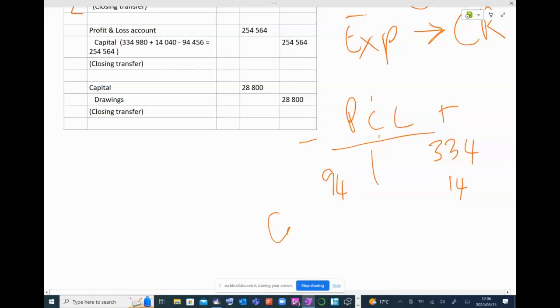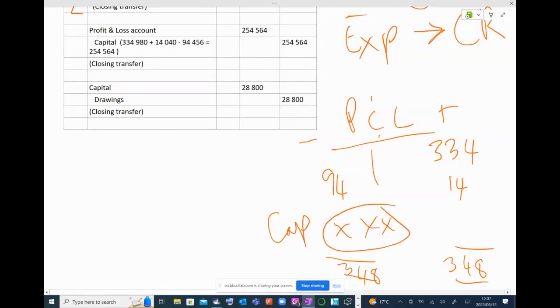So again, here we'll have capital, for whatever the difference is. Okay, here it would be what? About 348. Okay. So that means in the capital T account, we are crediting. Can you see that?